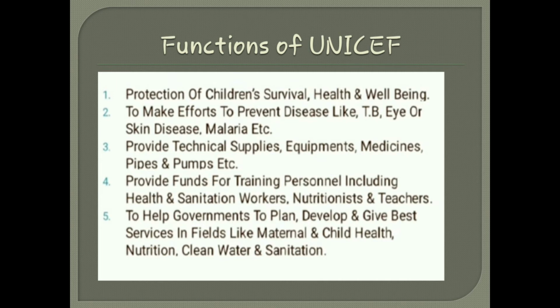So there are some diseases for which immunizations are to be given out, and this was taken up as one of the leading goals of UNICEF. UNICEF provided technical supplies, equipment, and other aids ranging from paper to textbooks, to equipment and medicines to health clinics, to pipes and pumps for bringing clean water to villages.